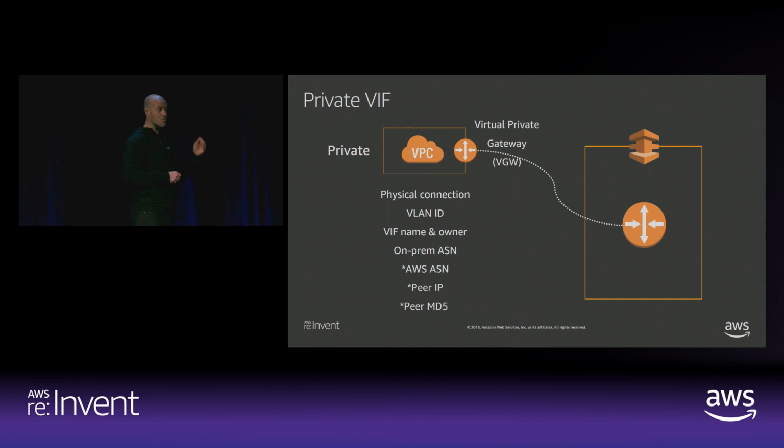Here you're going to specify the customer gateway, your router, ASN, the peering IP, the MD5 hash for the BGP session, and the virtual private gateway, the VGW, that you want to peer with. For private VIFs, we can also auto-generate the MD5 and the peer IPs if you want that. You can have 50 VIFs per VGW. You can think of this as 50 BGP sessions per VPC.